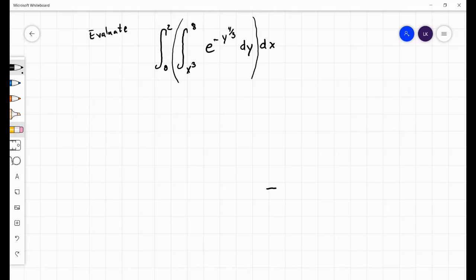Yeah. So if we try to integrate with respect to y, we just don't know how to find the antiderivative there. U-substitution doesn't work. We can try all sorts of things, but it wouldn't work.